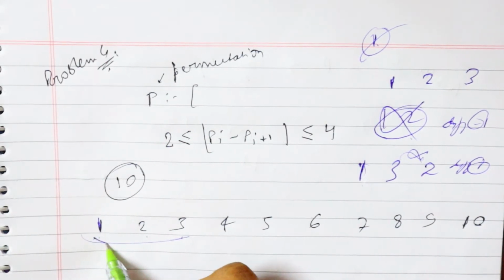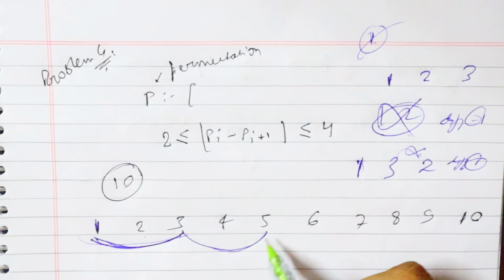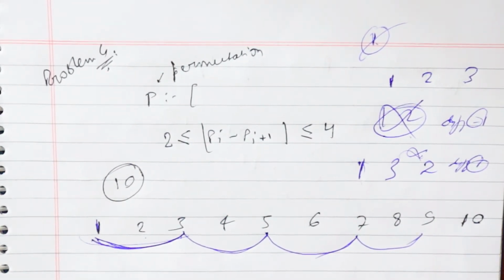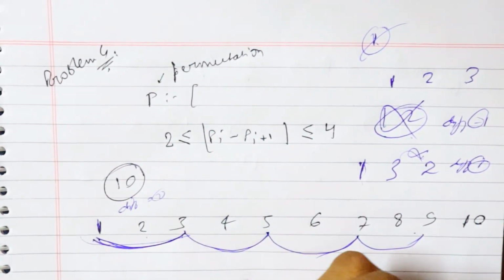So what I will do is that I will go for the alternate elements 1, 3, 5, 7, 9, because as you can see, if I go with these alternates, I will get my difference always 2.